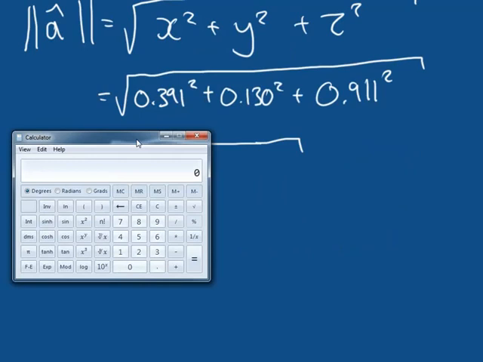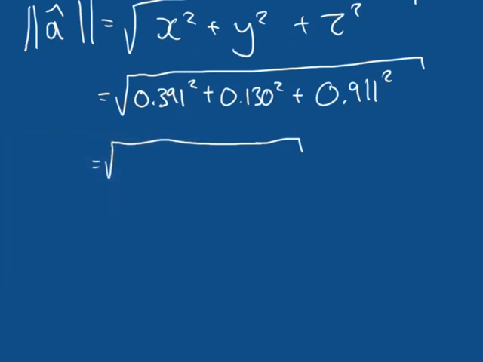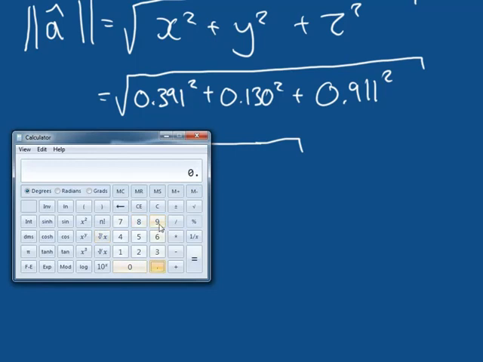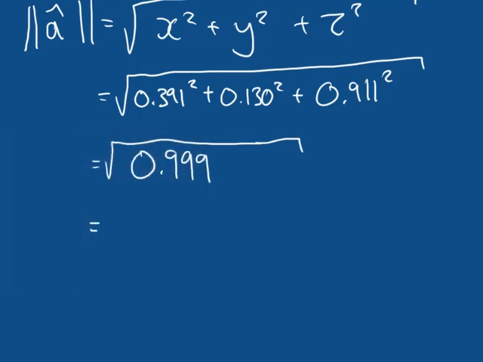So we have 0.391 squared plus 0.130 squared plus 0.911 squared is equal to 0.999, so very close to 1, which means our result is equal to the square root of 0.999, again, very, very close to 1. So this is very close to 1.